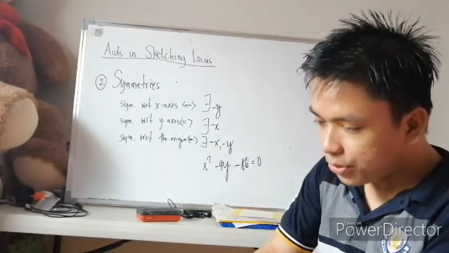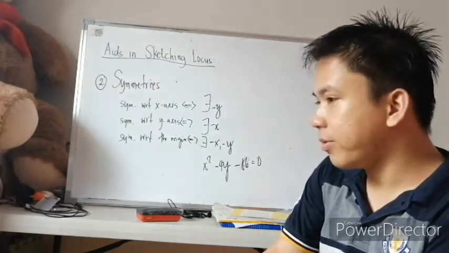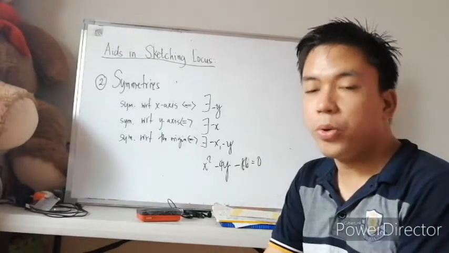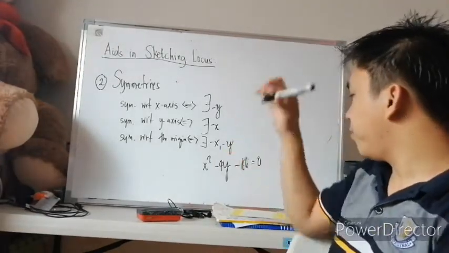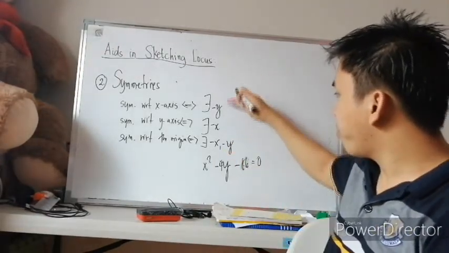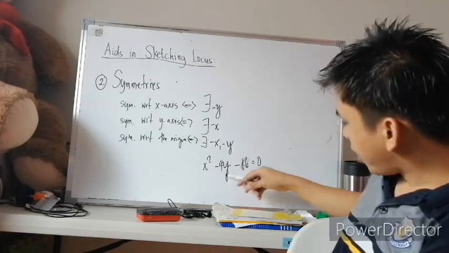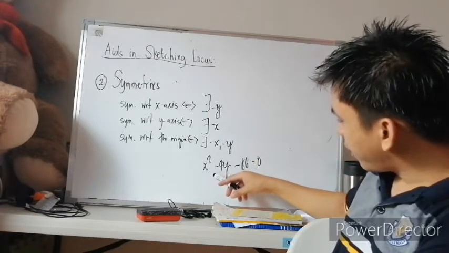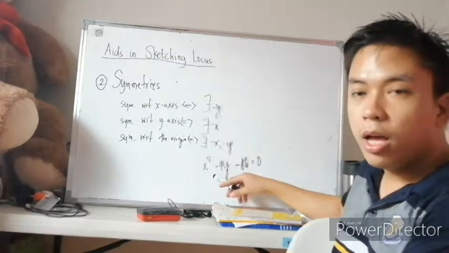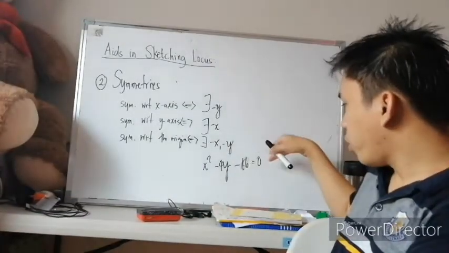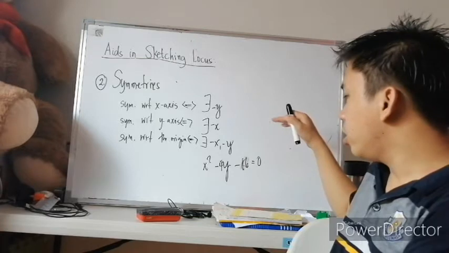How will I know if the graph is symmetric with respect to the x-axis, the y-axis, or the origin? All I have to do is this process. But first, let's check this. This is actually the equation of a parabola that opens upward.